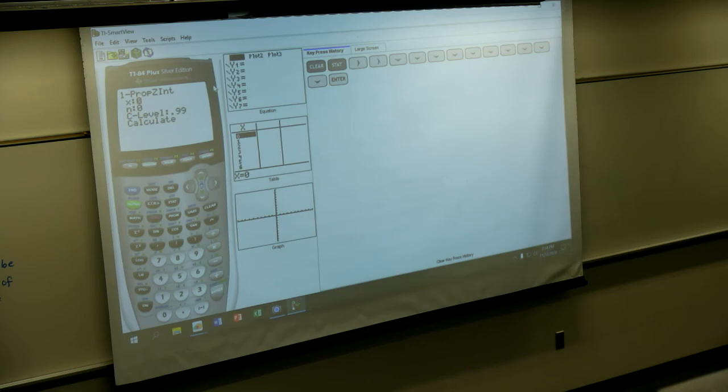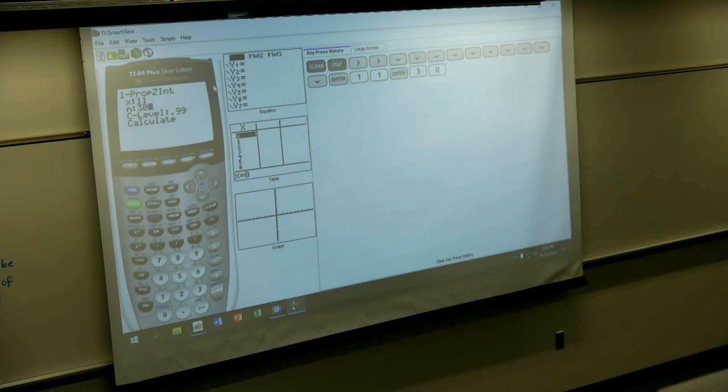And it is asking for x, n, and C level, and that's it. So what is x in our problem? In our problem, x was 11. And what was n? 30.